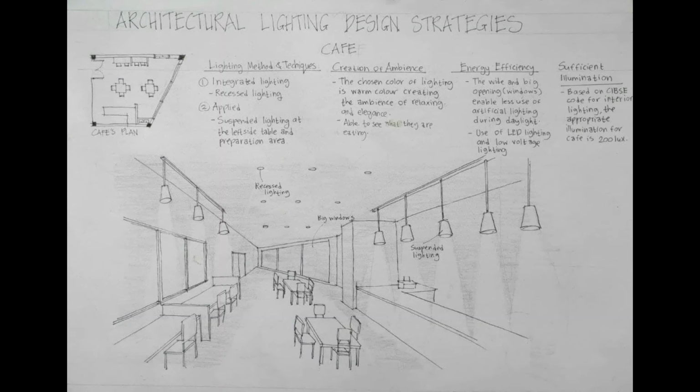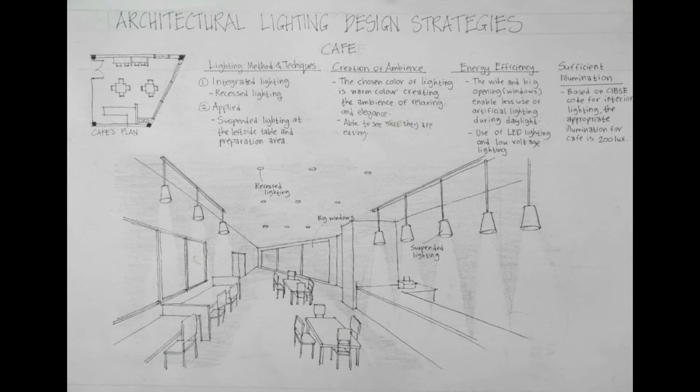Meanwhile, for the applied type, I use the suspended lighting to illuminate the left side dining table and also the preparation area at the right side of the cafe. The sufficient illumination for this cafe is 200 lux, which is the most appropriate illumination for a cafe. The warm color of the lighting creates the ambience of relaxing and also comfortable.